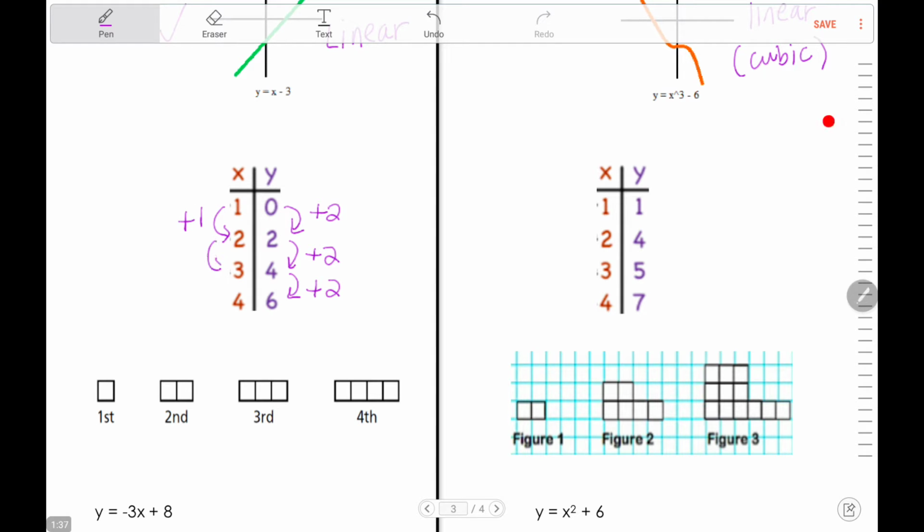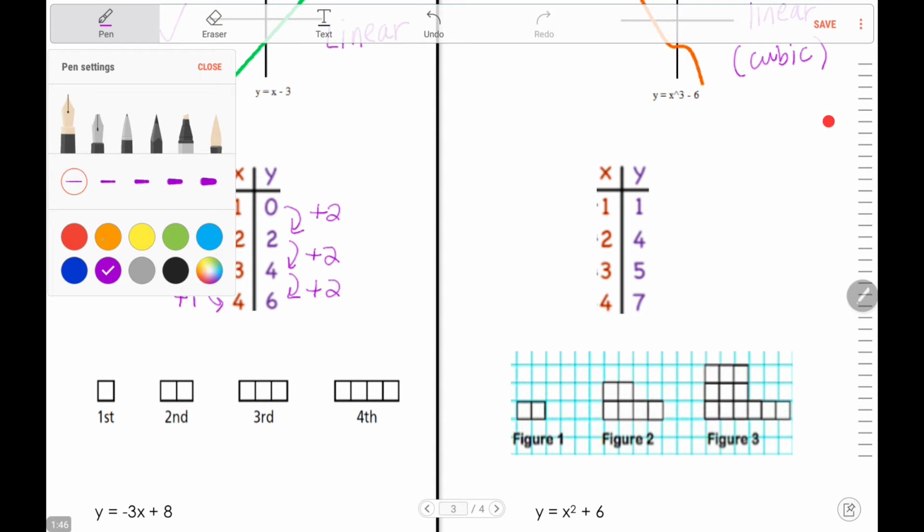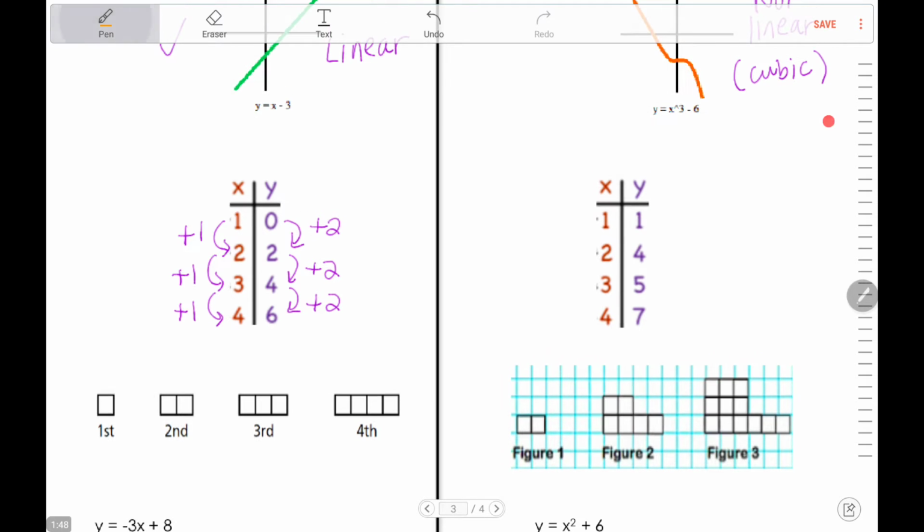Plus 1, 2 to 3, and then 3 to 4 is also plus 1. So this one, because it has the same number that it's adding each time, and because it's also adding by the same number on the x's, both of these together tell us that it is linear.